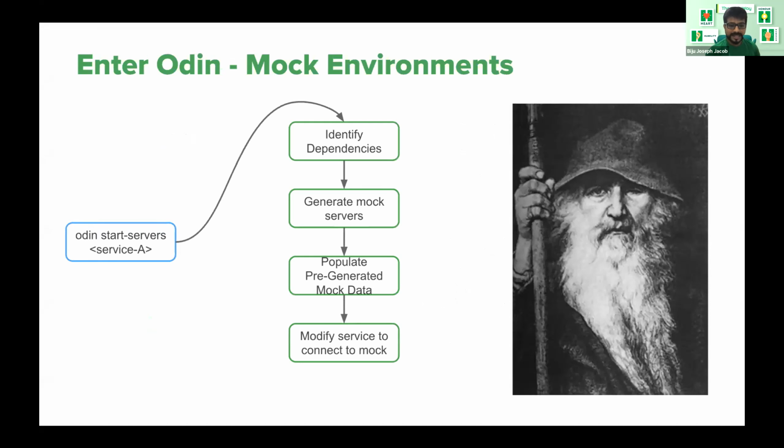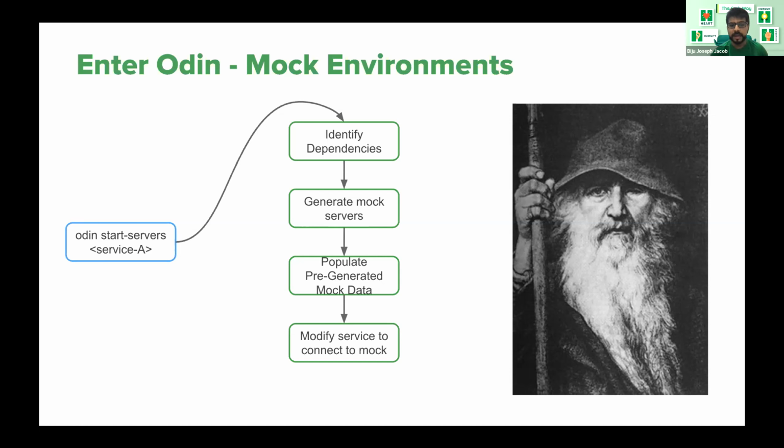What we're working on, and this is still work in progress, something which has shown a lot of promise, is a tool that we call Odin, coming from the mythological figure of God that created Loki. Odin gets packaged as a little binary that a developer can download, and basically just say Odin start server, specify his service name.